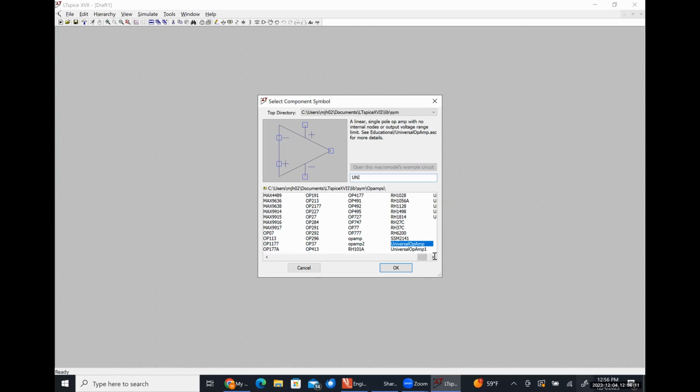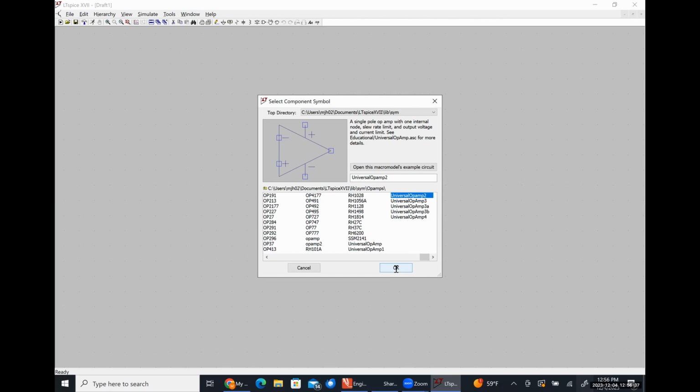I use universal op amp 2 for all of my generic op amps. So you can see here we have universal op amp 1, 2, 3, 3A, 3B, and 4. Universal op amp 2 is effectively an ideal op amp, except that it takes into account our supply voltages to give us the saturation distortion that we need.